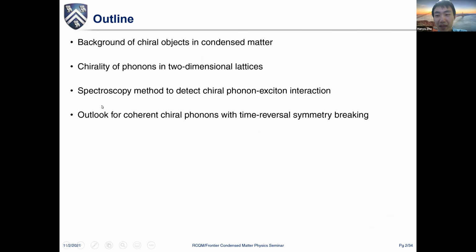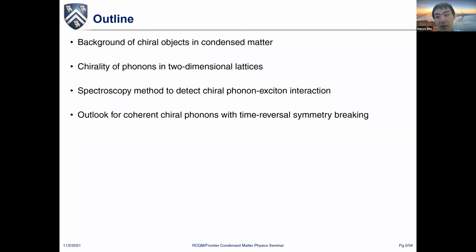I would like to first review very generally what exactly we mean by chiral in condensed matter, and then specifically move to a system where chiral phonons can be found in two-dimensional lattices, and then we use optical spectroscopy to detect chiral phonon interaction.